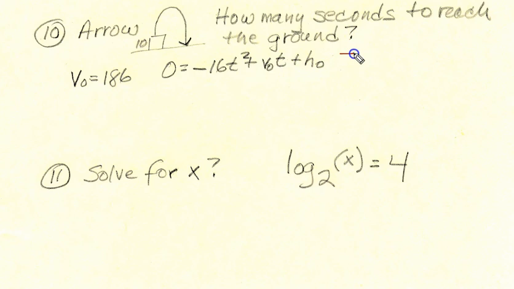So we're going to have a negative 16 t squared. Now our initial velocity is going to be 186 t from the formula, our v sub o, initial velocity, and then our initial height is 10.